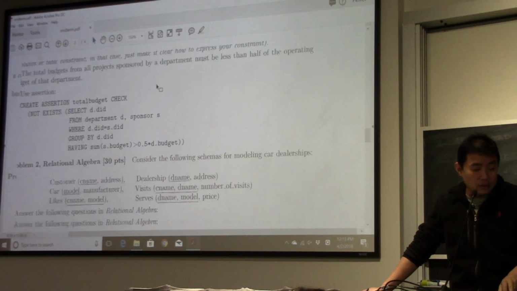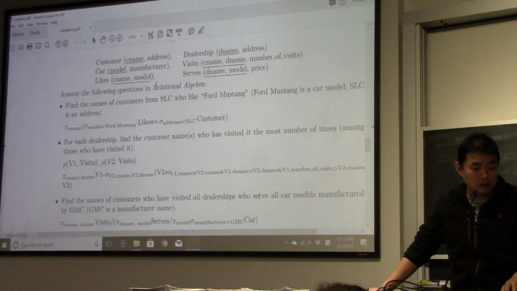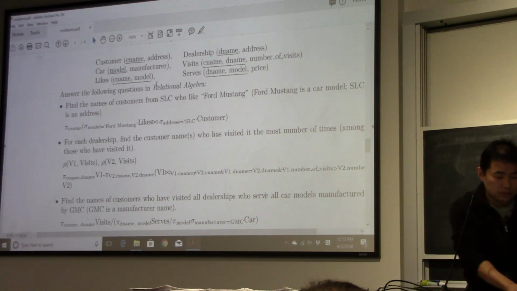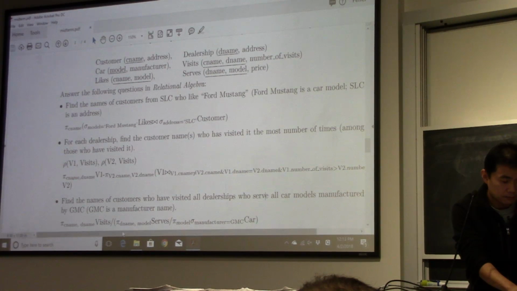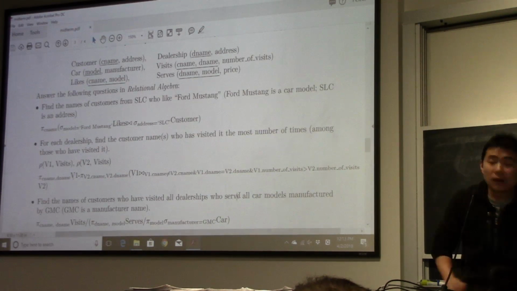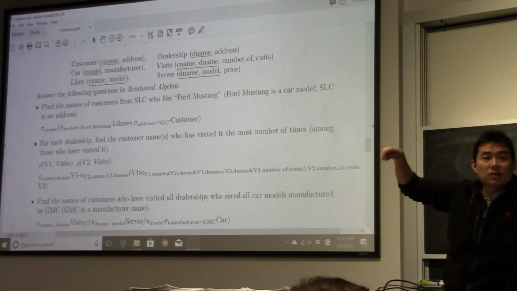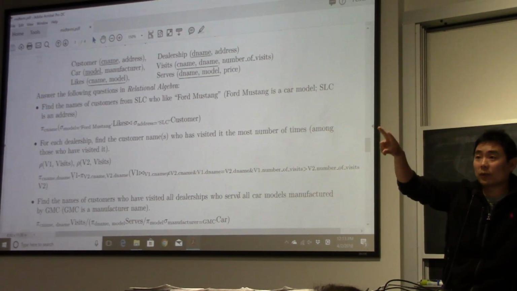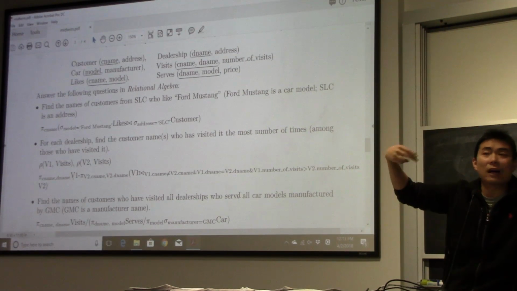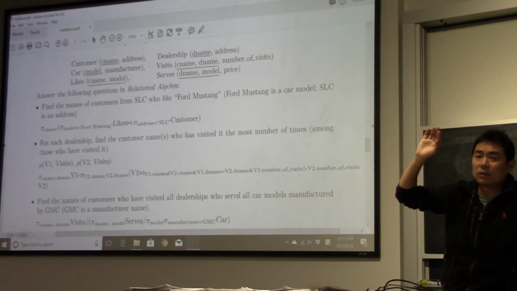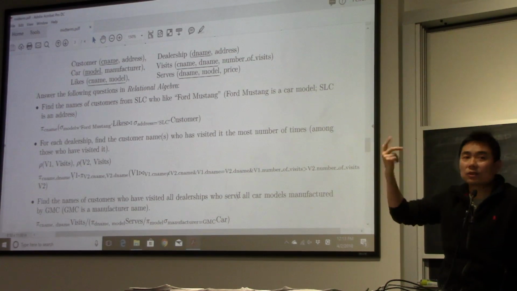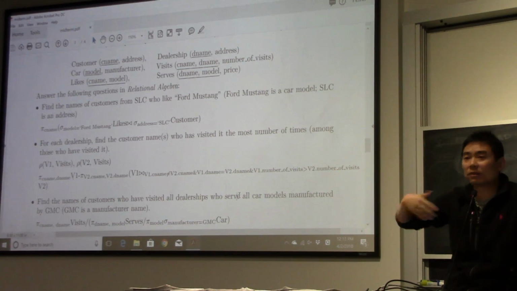Okay, good. Now moving on to this dealership relational algebra problem. This one, if you think about it, is almost, if not, identical to the homework 2 problem you had worked on, right? In homework 2, I asked you to show shops, products. Here, I just changed the concept to dealers, customers.